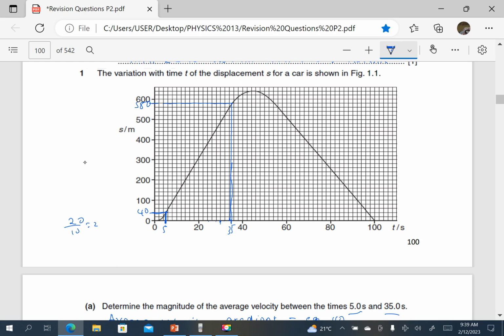2 seconds. Then after 2 seconds, between 2 and 4 seconds, the gradient increases, then the gradient becomes constant.